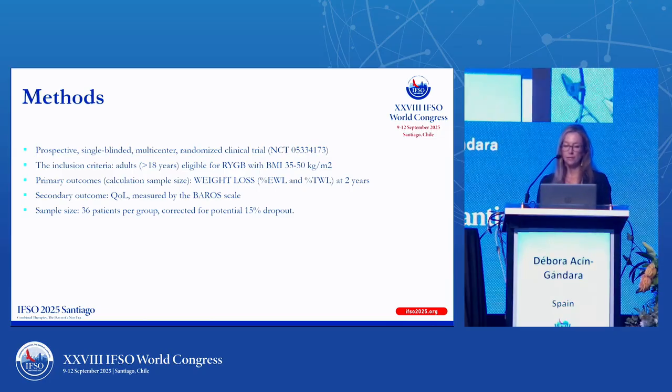The inclusion criteria were adults older than 18 years old, eligible for Roux-en-Y gastric bypass with BMI between 35 and 50. The primary outcomes which allow us to calculate the sample size were percentage of excess weight loss and percentage of total weight loss at 2 years. And secondary outcome was quality of life measured by the Barros scale.